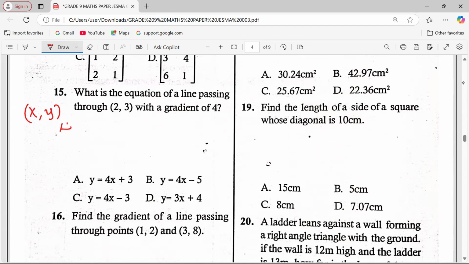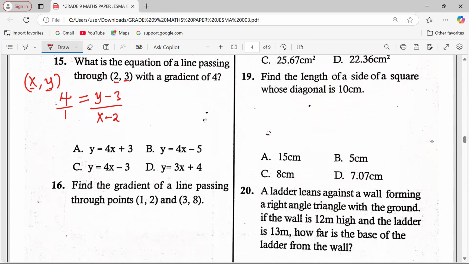A gradient of 4 is given by change in y, which is y minus 3, divided by change in x, which is x minus 2. This 4, being a whole number, is automatically divided by 1. So when we cross multiply, y minus 3 is equivalent to 4 multiplied by x minus 2.